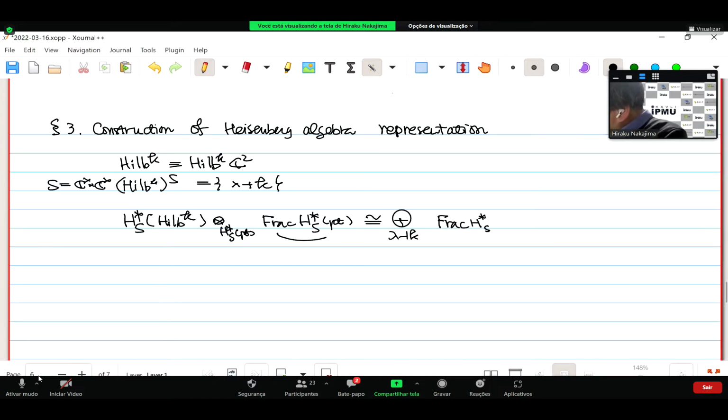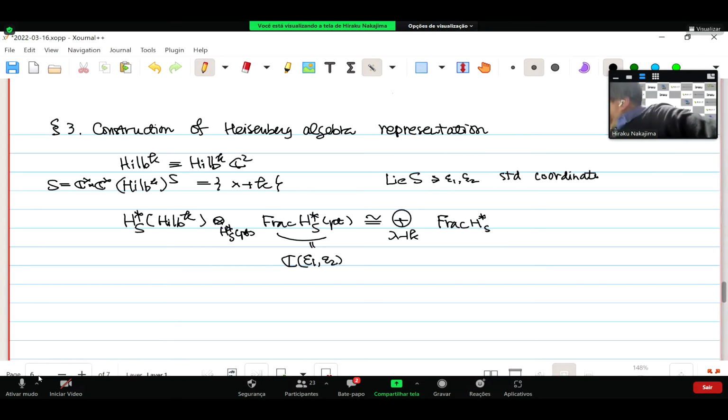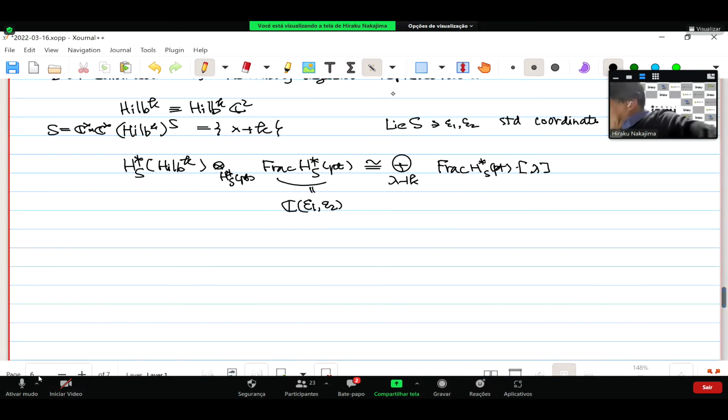So this is a rational function in epsilon_1 and epsilon_2, where I take the standard coordinates.